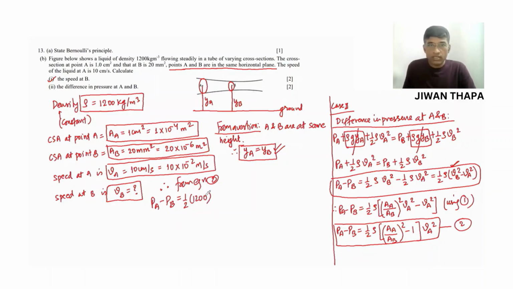So we have this, and AA is 1 into 10 to the power minus 4 by AB, 20 into 10 to the power minus 6 and whole power 2 minus 1, and VA is 10 into 10 to the power minus 2 whole power 2.